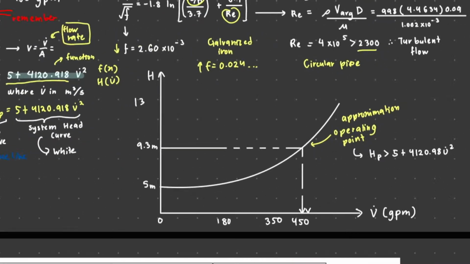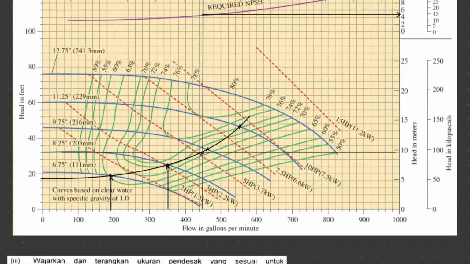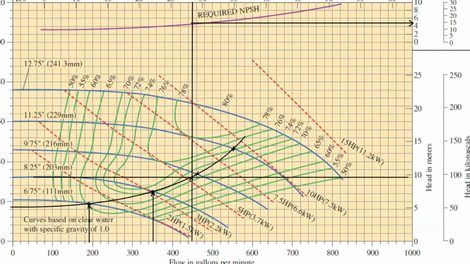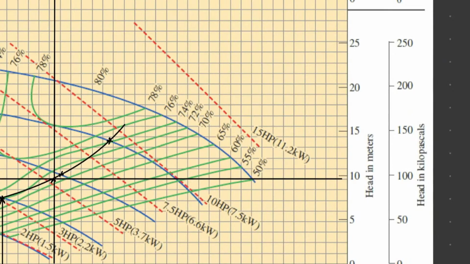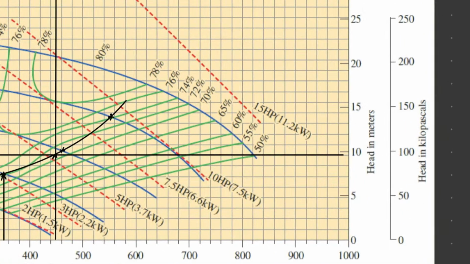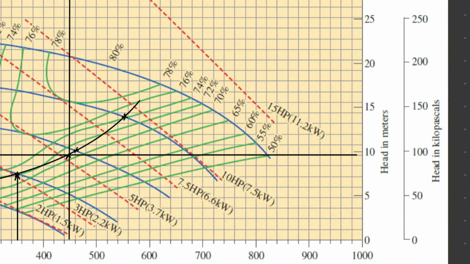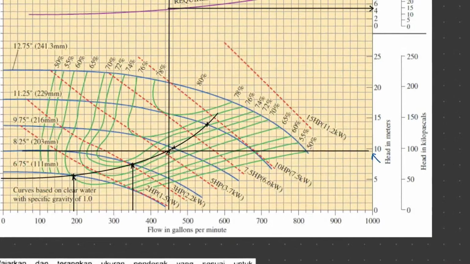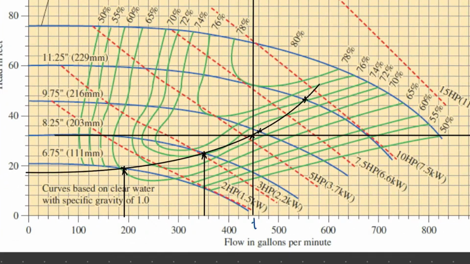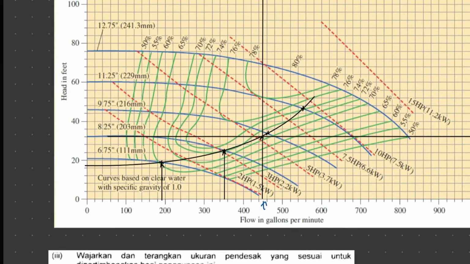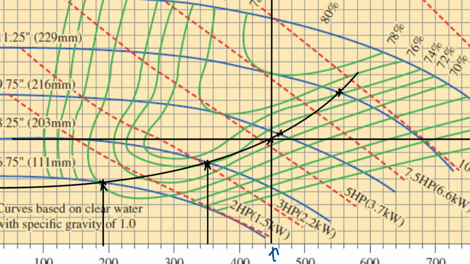Okay, and then when you draw, you will see whether, okay, so this 9 is supposed to be somewhere here. So this is like 450 somewhere here, and then see where it intersects. It intersects over here.